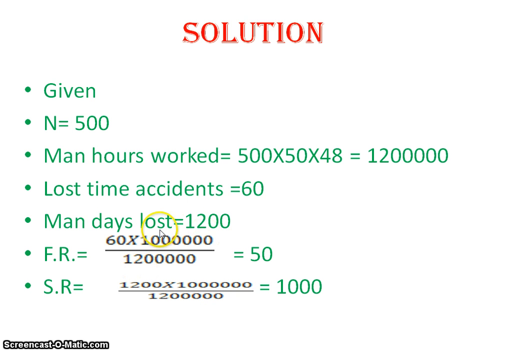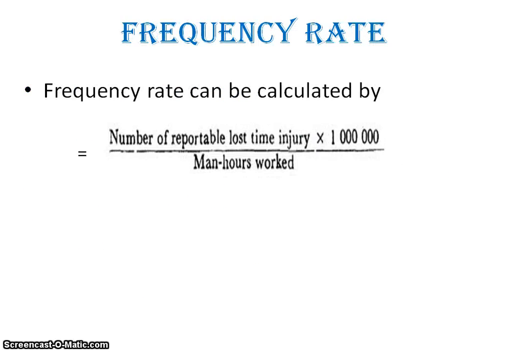Before calculating the frequency rate, we'll recap the formula. Frequency rate is calculated by the number of reportable lost time injuries into 10 to the power of 6 divided by man hours worked.